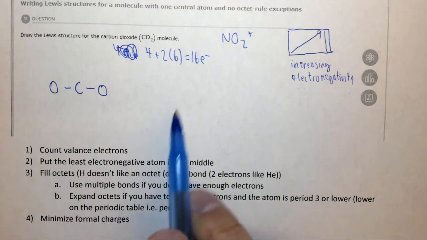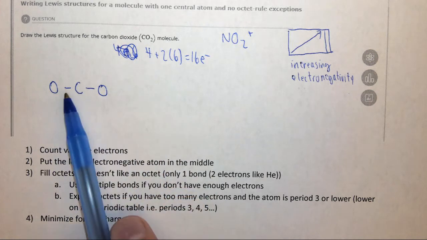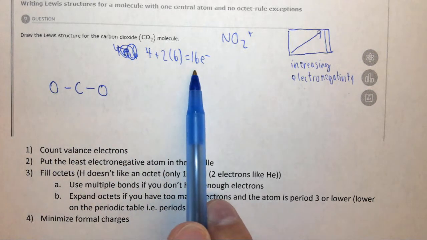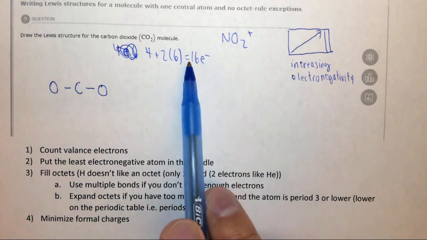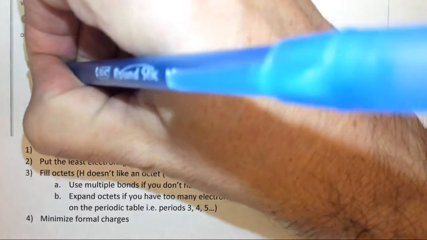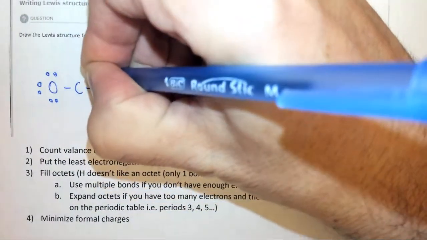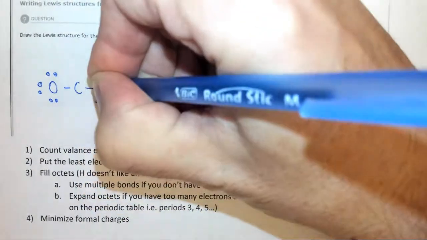Now, I have used 4 of my 16 electrons, which means I have 12 left. One thing that I instantly notice is 16 is divisible by 2. So if I put 8 electrons around each oxygen, and generally I like to put the electrons on the outside atoms first, you don't have to do it that way, but I generally like to.